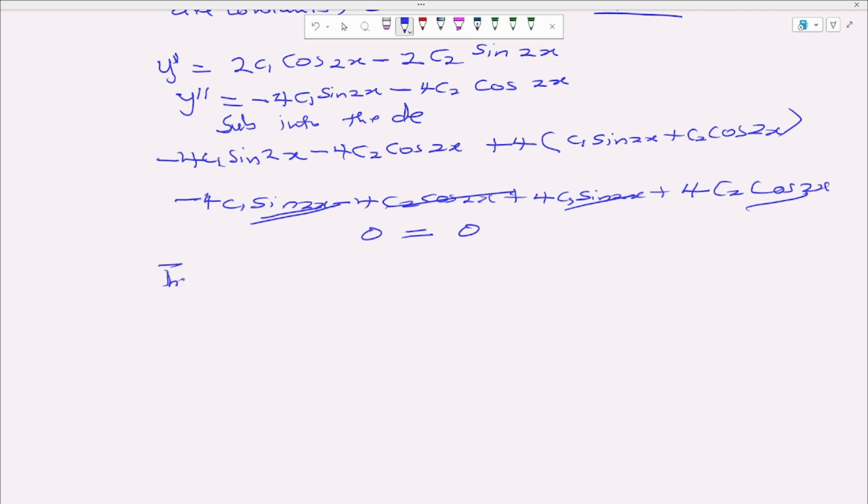Thus, y(x) = c1 sin 2x + c2 cos 2x is a solution. So in our endeavor to find solutions to differential equations, please take note: our solutions must satisfy the equation. If it doesn't satisfy, then we are not doing something right.